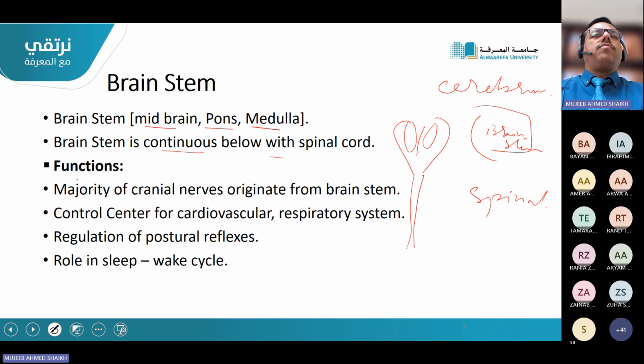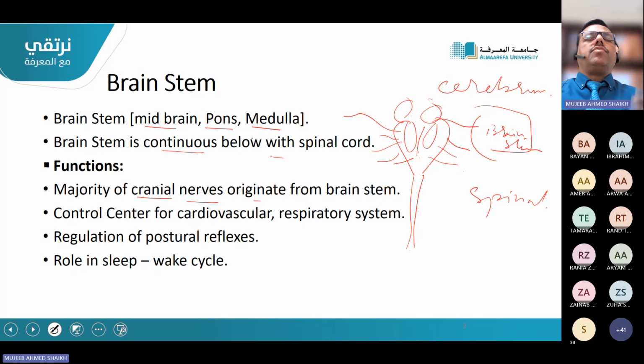What are the functions of the brainstem? Majority of the cranial nerves are coming from this area. Cranial nerves which supply the face muscles, the muscles of the ear, muscles of the tongue, are coming from the brain stem.